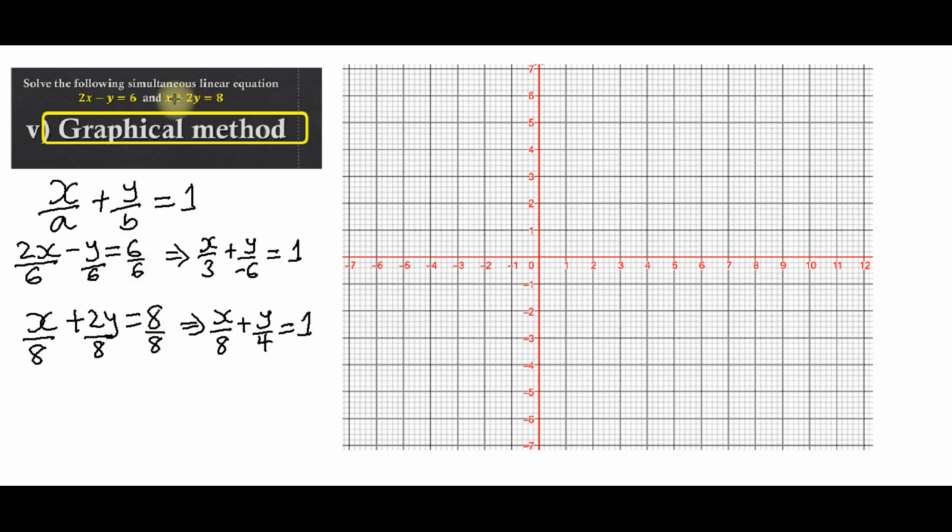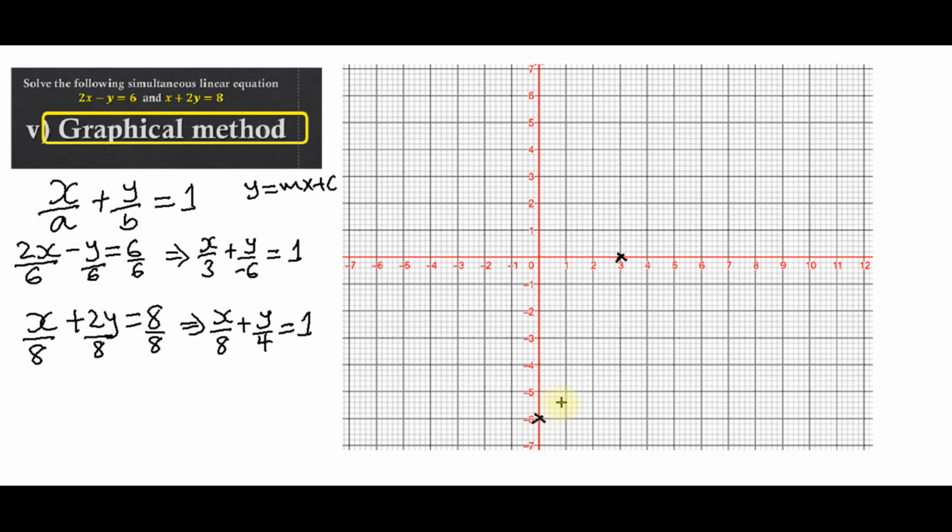The other way you can do it is to write it in the form y is equal to mx plus a constant, and then make a table for the corresponding values of x and y, and then plot the points. For the first equation, 3 is the x-intercept and the y-intercept is minus 6.